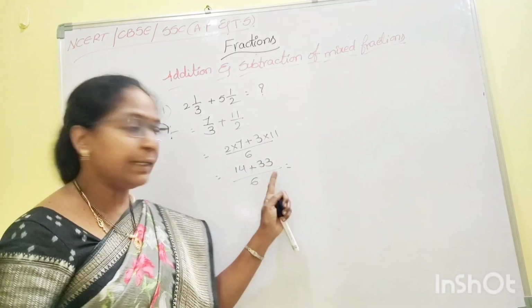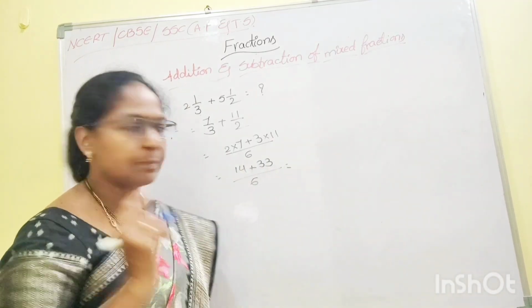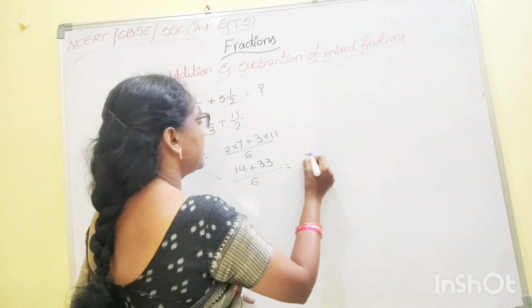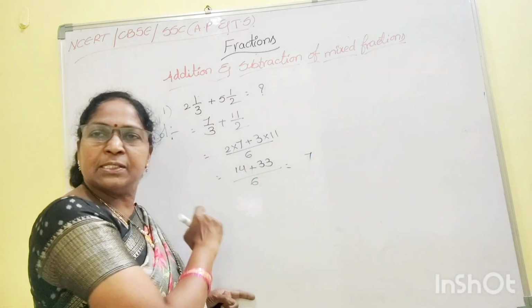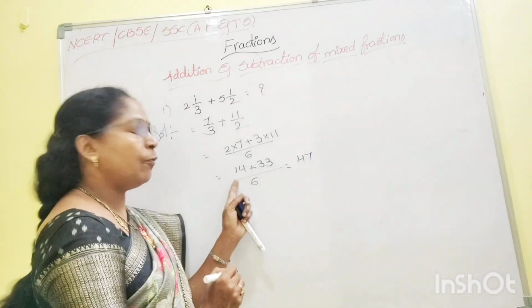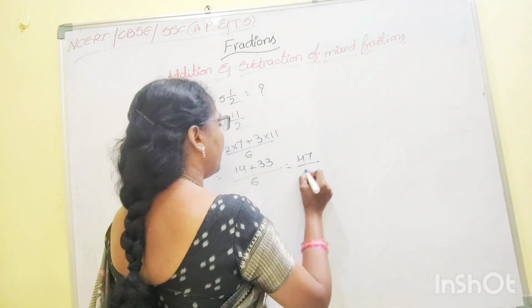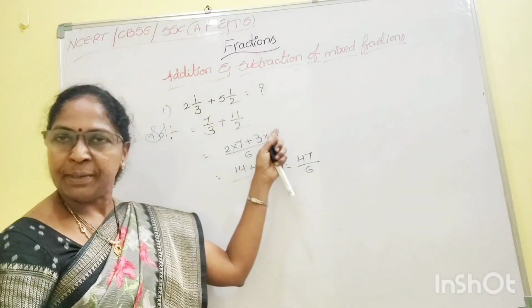Directly you can add the unit digit values. The unit digit is nothing but the 1's place. So 4 plus 3 is 7, and again the 10's place: 1 plus 3 is 4. So 47 divided by 6. This is the addition of these two mixed fractions.